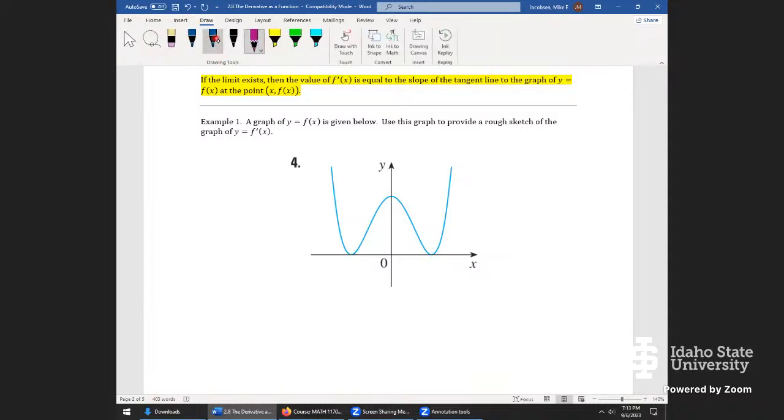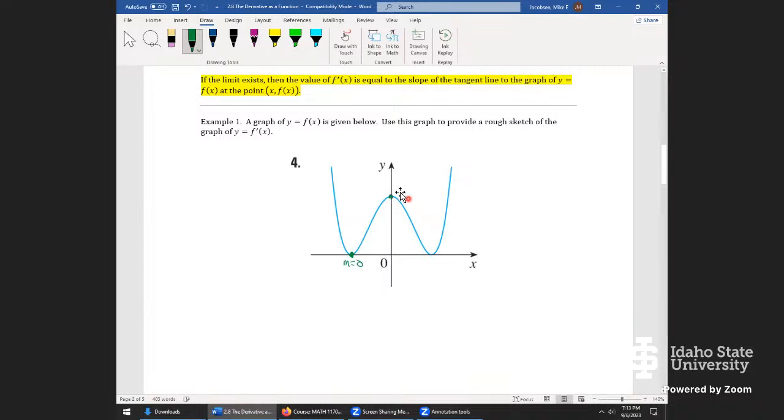If I go right here, I want to change the colors, let's go to green. Then I can tell you the slope right at that location. Anyone happen to know the slope of the tangent line there? It's 0, absolutely. It's a horizontal tangent line, so it must have slope 0. That means we do have a point right from here.